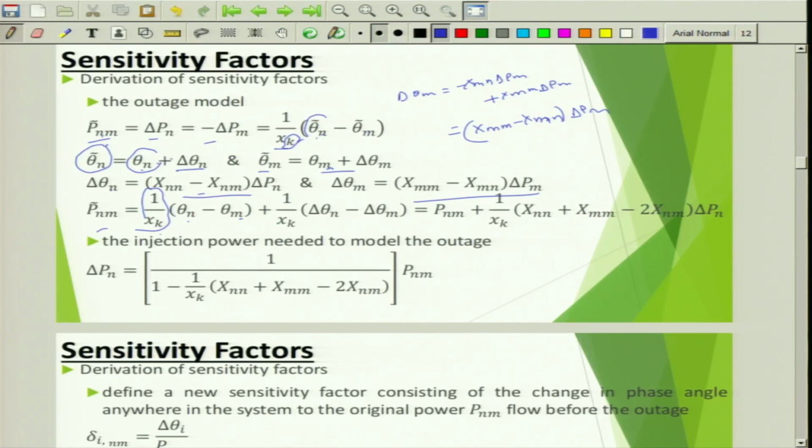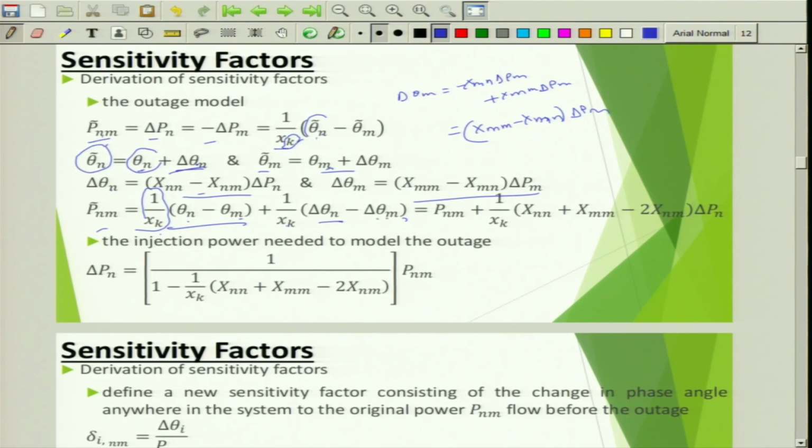Now theta n cap is nothing but theta n plus delta theta n, right. So we are just isolating this before change and after change, the change in perturbation in different terms. So this is nothing but 1 by xk into theta n minus theta m, this is one term, plus 1 by xk into delta theta n minus delta theta m, this is another term.